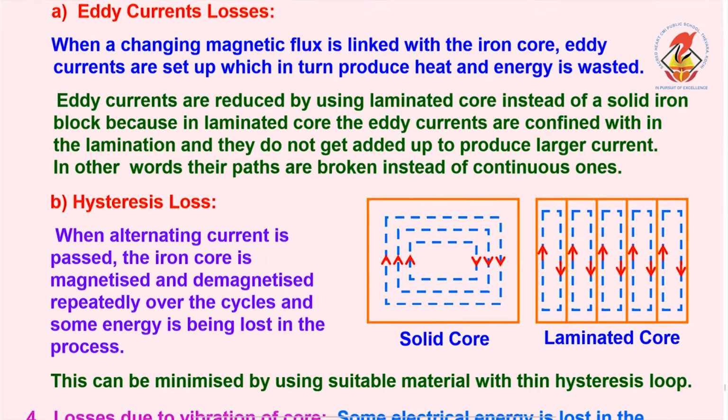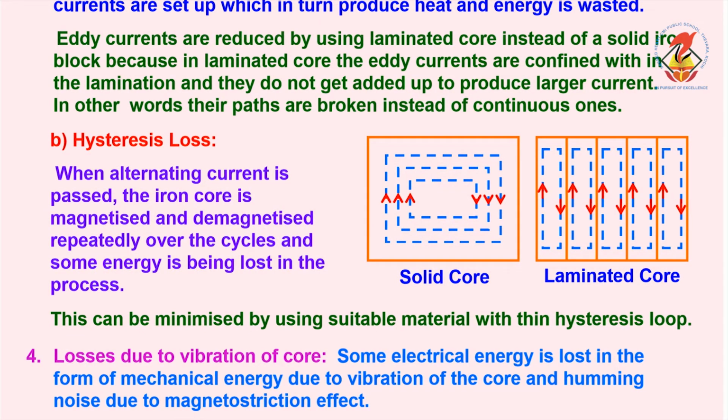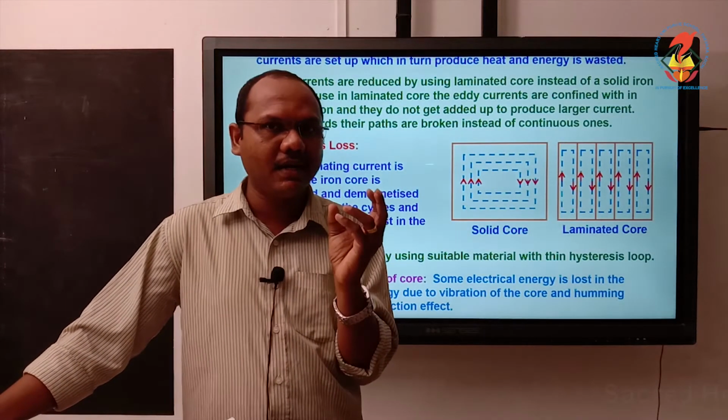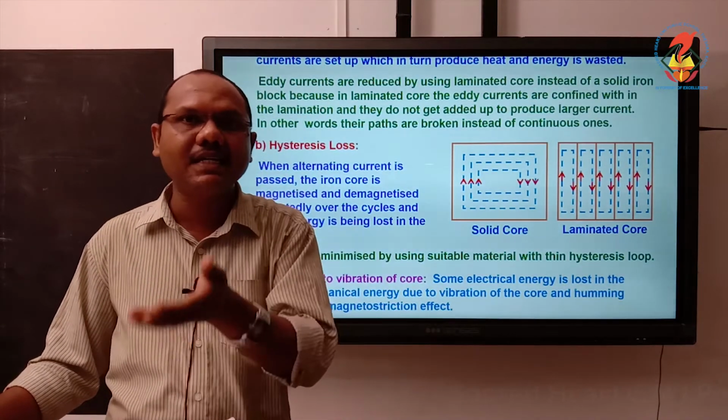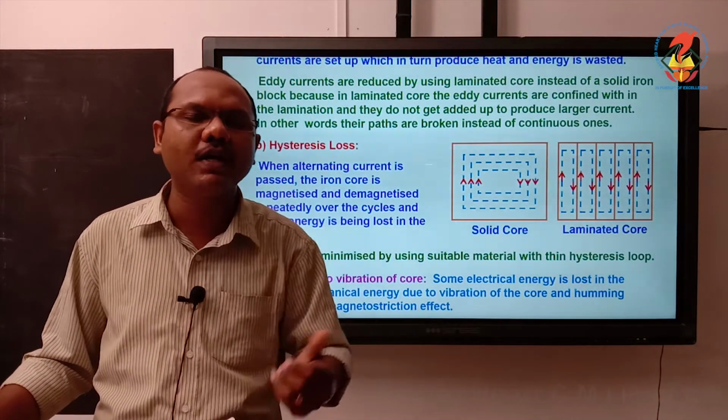Now the last thing, hysteresis loss. Hysteresis loss means when an alternating current is passed, the iron core is magnetized and demagnetized repeatedly over the cycles and energy is lost in the process. Alternating current is changing its direction periodically.